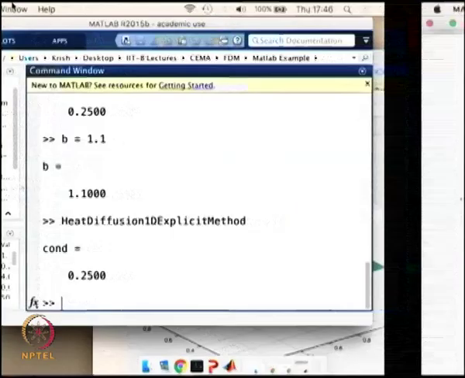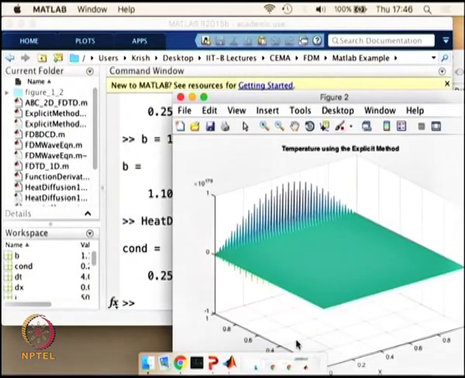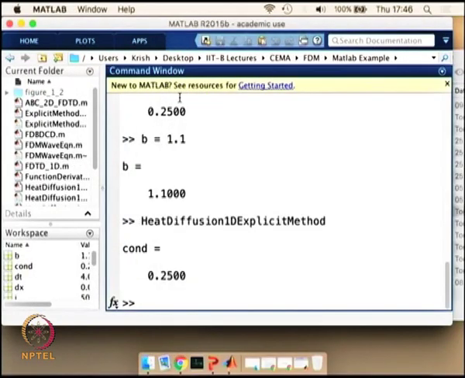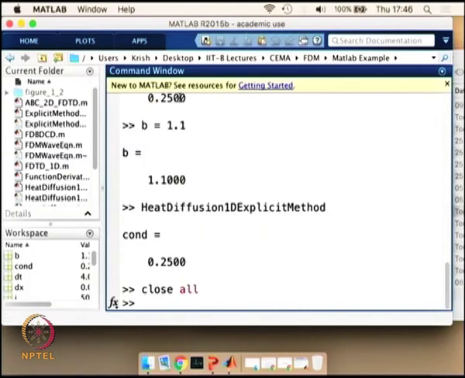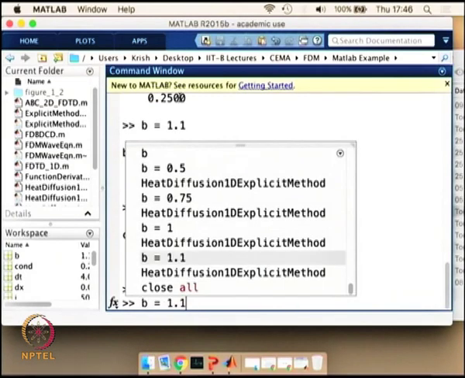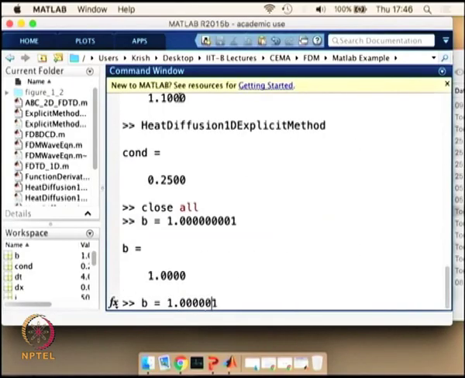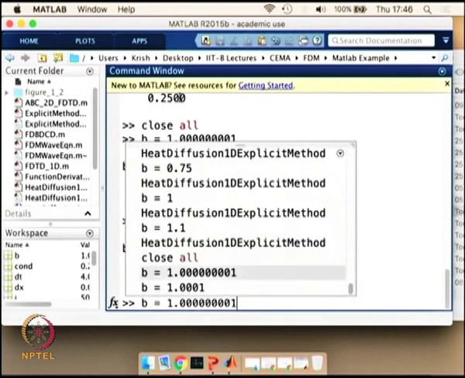instability. So maybe we can try to go B very, very low. So I'm going to change the value. Now I'm going to run the same equation.